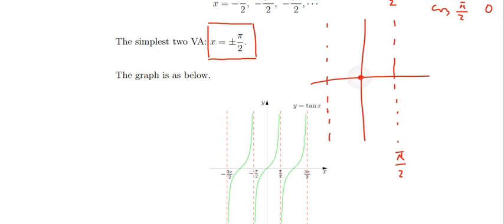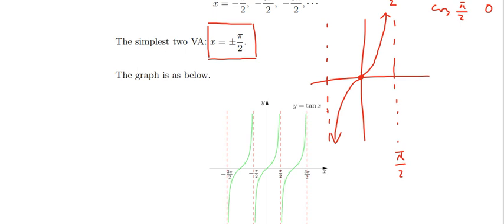When x equals 0, the function value equals 0. The graph goes up, positive, approaching this asymptote, and on the other side it is negative, going down, approaching this asymptote. So this is the tangent graph.